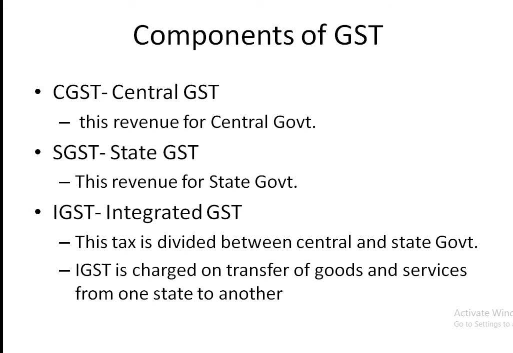And the last one is IGST, Integrated Goods and Services Tax. This tax is divided between central and state governments as per the rules specified by government. Then IGST is charged on transfer of goods and services from one state to another. Import of goods and services also covered under IGST.